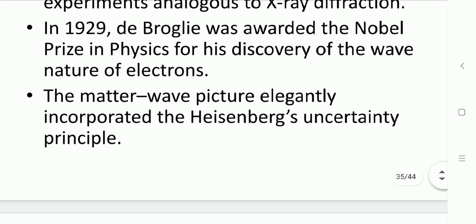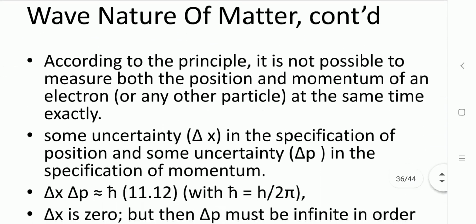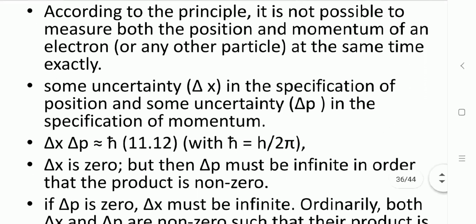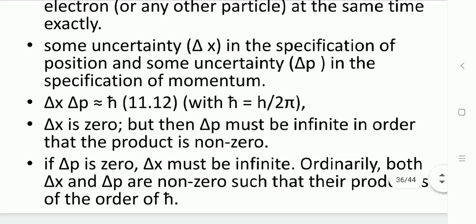According to this uncertainty principle, it is not possible to measure both the position and momentum of an electron at the same time, because there is some uncertainty in the position, defined as delta x, and also uncertainty in momentum, defined as delta p. So delta x into delta p is of the order of h bar, which is h by 2 pi.